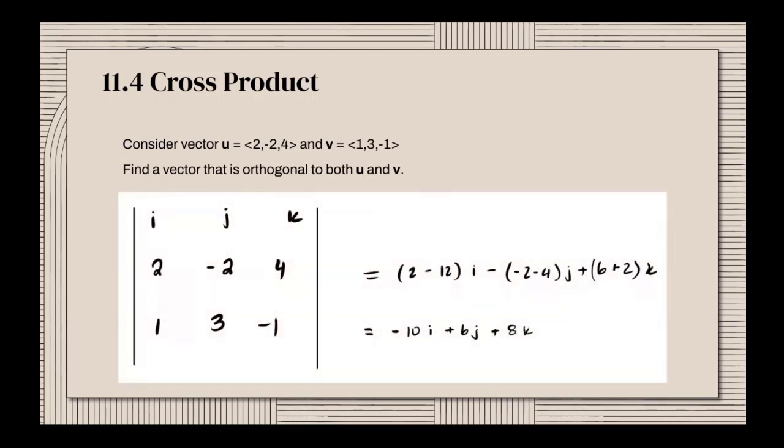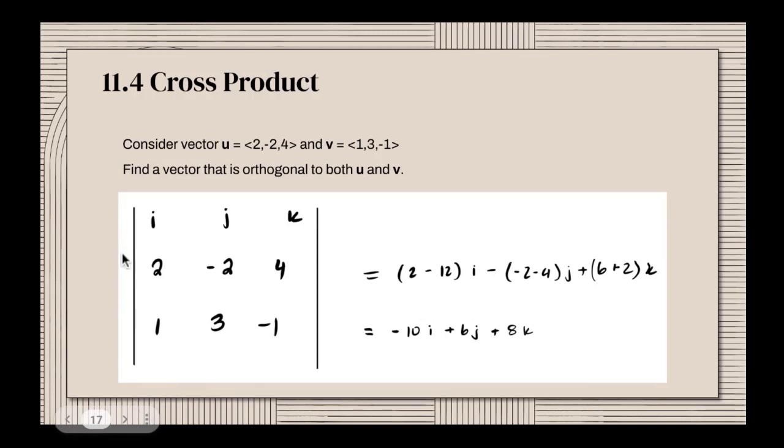And in order to do that, you can set up this determinant matrix, and you have i, j, k. To solve for i, you do the columns that don't involve the i. So you would do -2 times -1 minus 4 times 3. That's where you get the 2 minus 12.